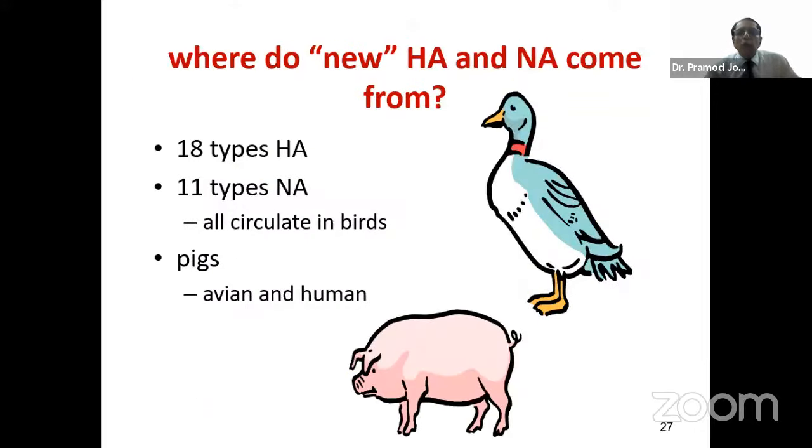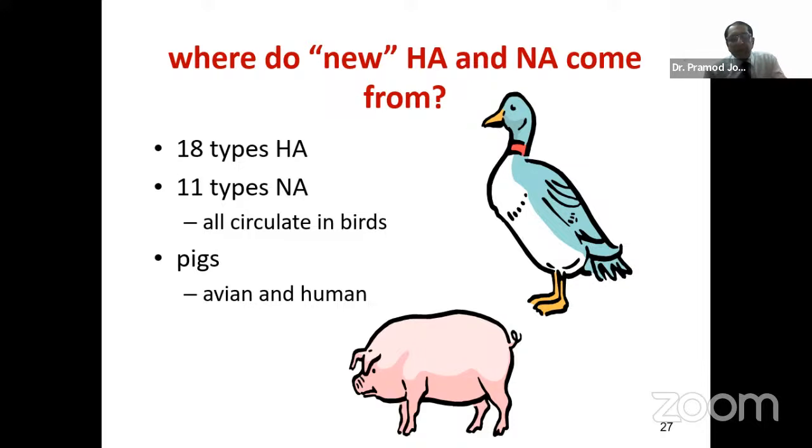Now, where do the new hemagglutinin and neuraminidase come from? You can see that there is a bird and a pig in this particular picture, and pig is the one where there is a mixture of the avian, that means the viruses from the birds, and the viruses from the human beings. You can see that there are 18 types of hemagglutinins and 11 types of neuraminidase, and all of them circulate in the birds.